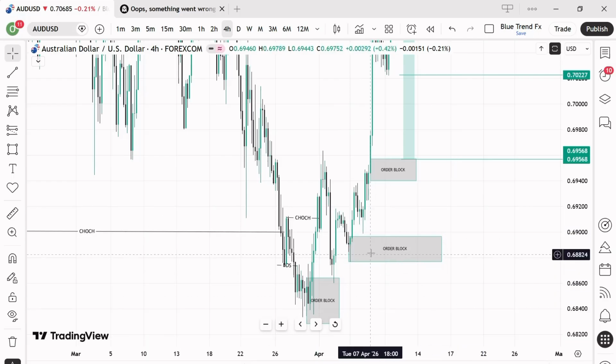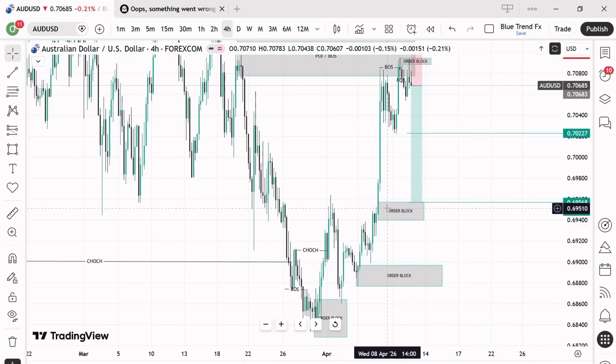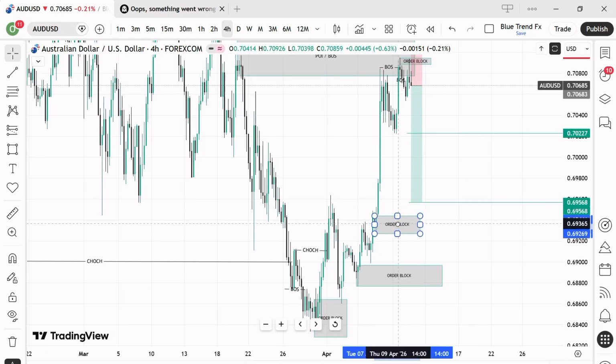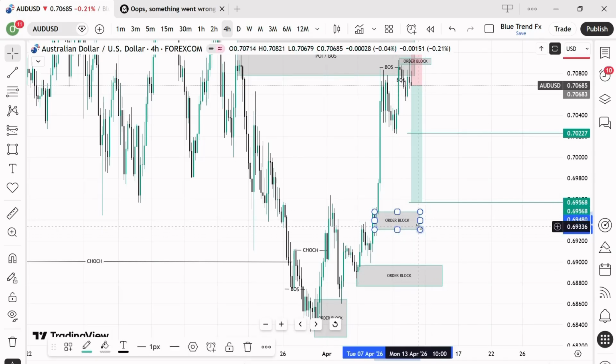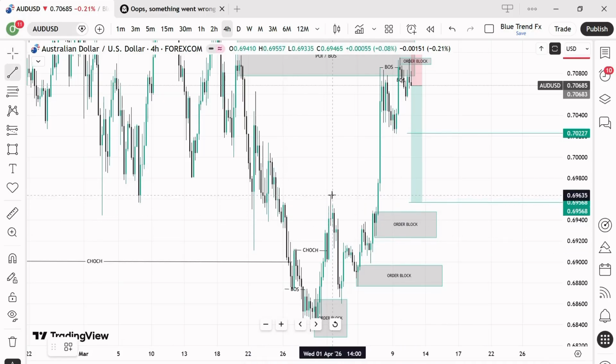Market tried to mitigate it, but it didn't succeed. So this being the order block that gave us the first major inner structure.